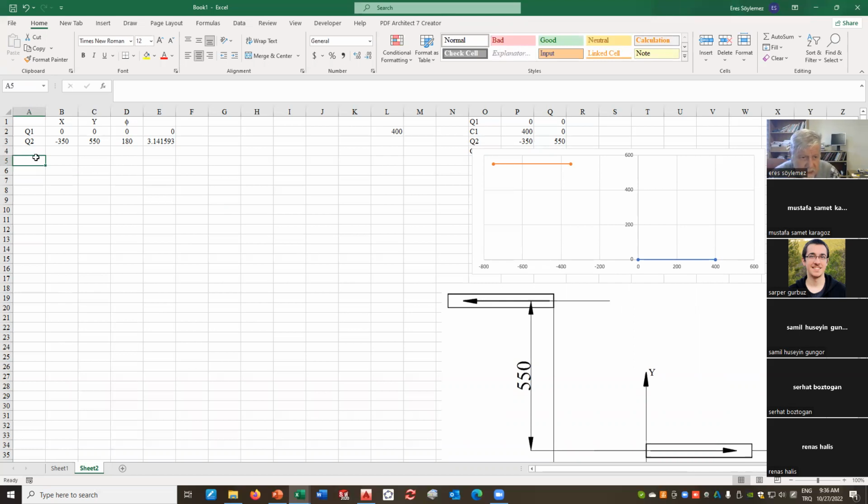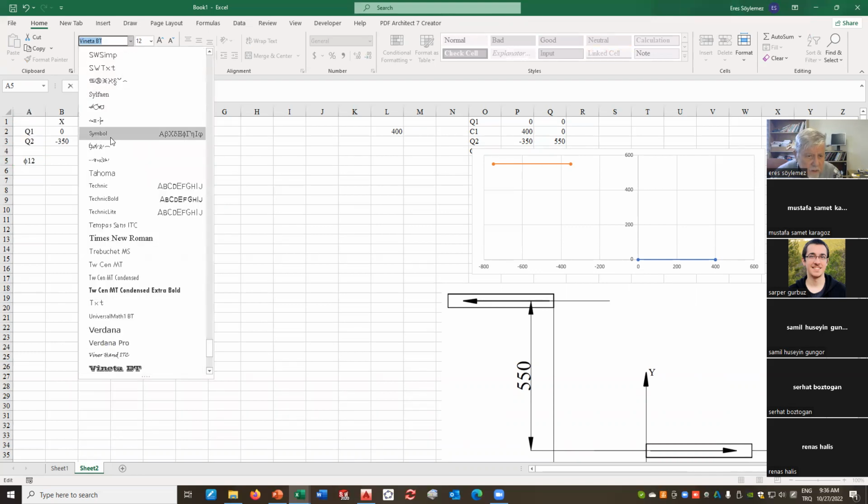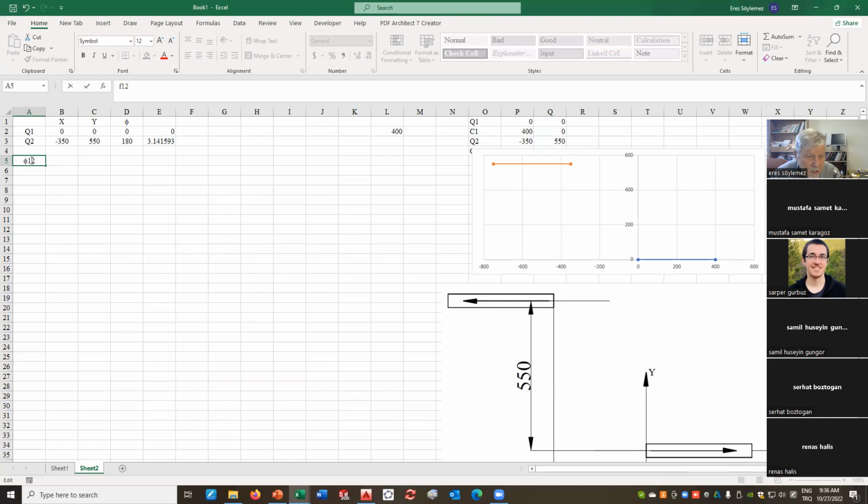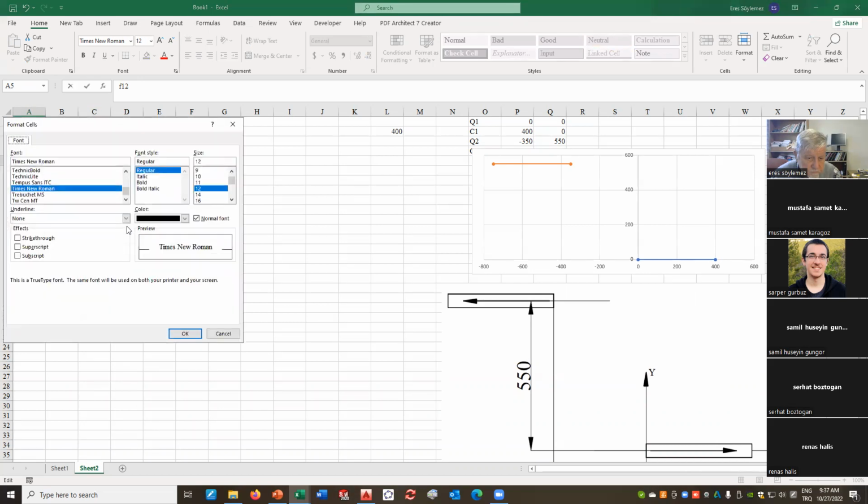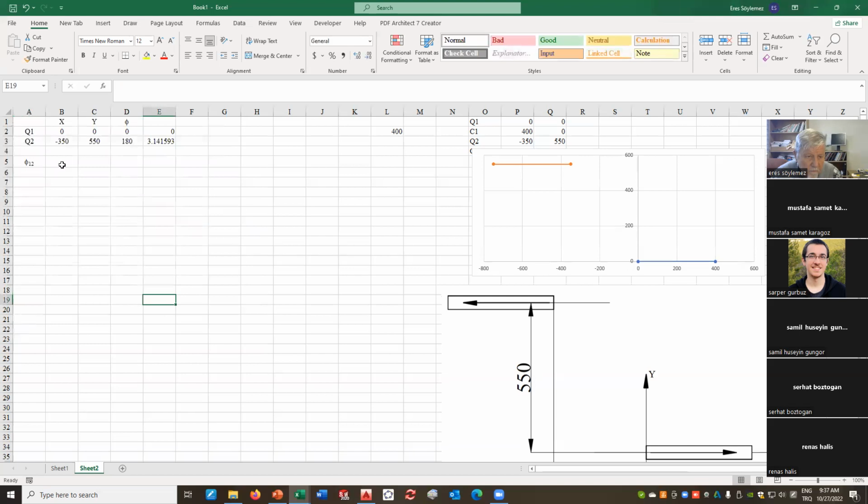Then I will say, if I want to, I have done this before, so is equal to pi 2 minus phi 1.